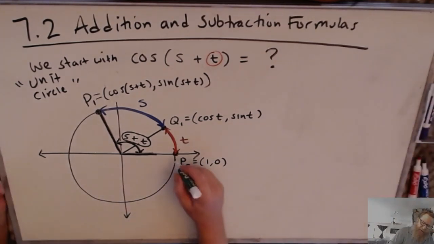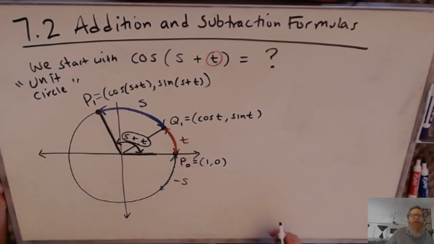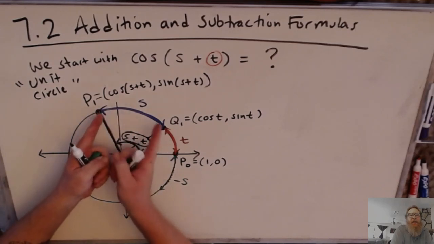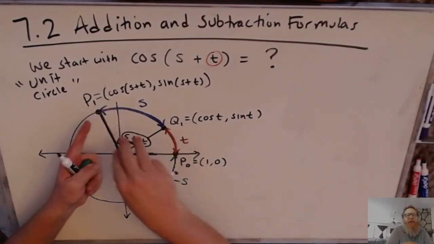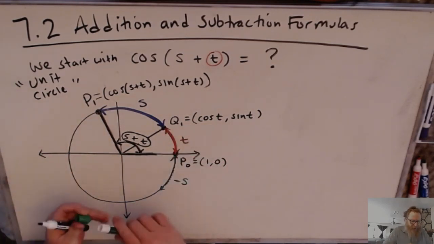Well, we're going to go negative S. Whatever the arc length is on the S sector here, each one of these looks like a pizza slice. They're called sectors.